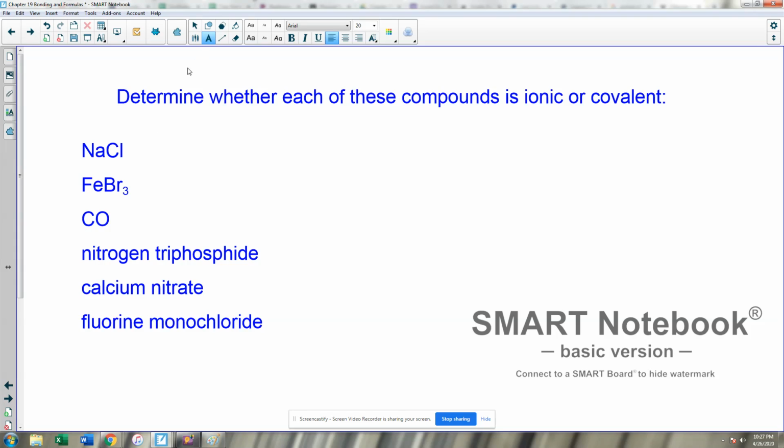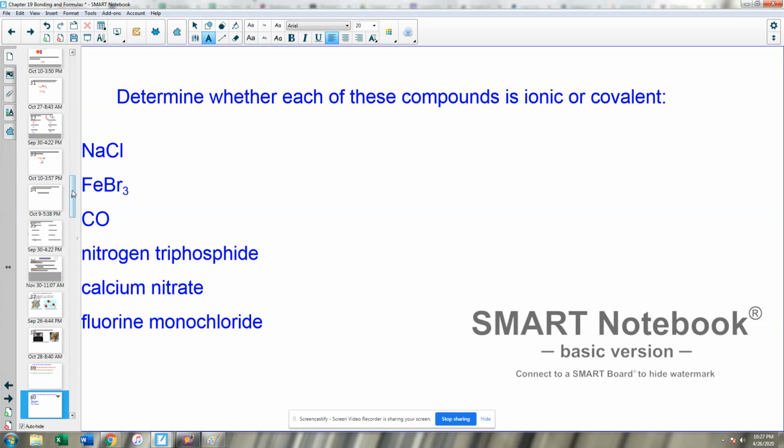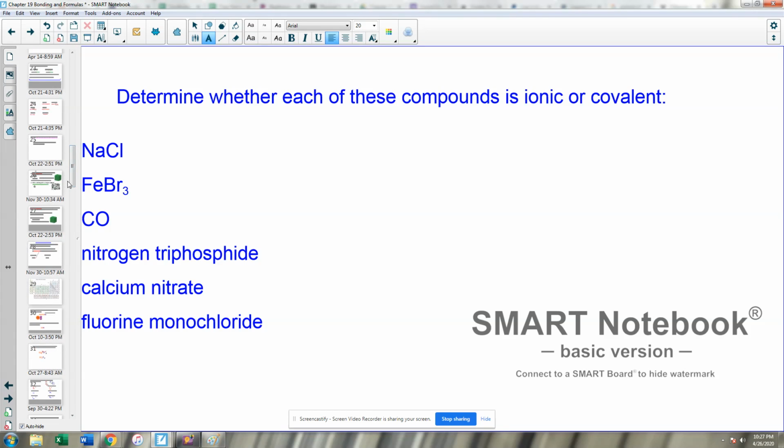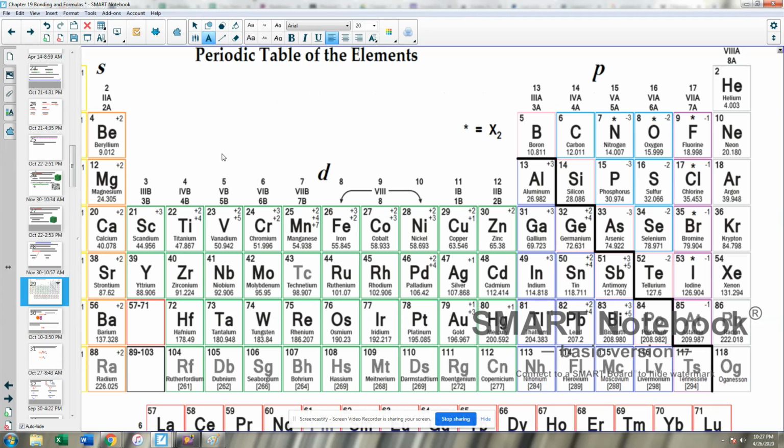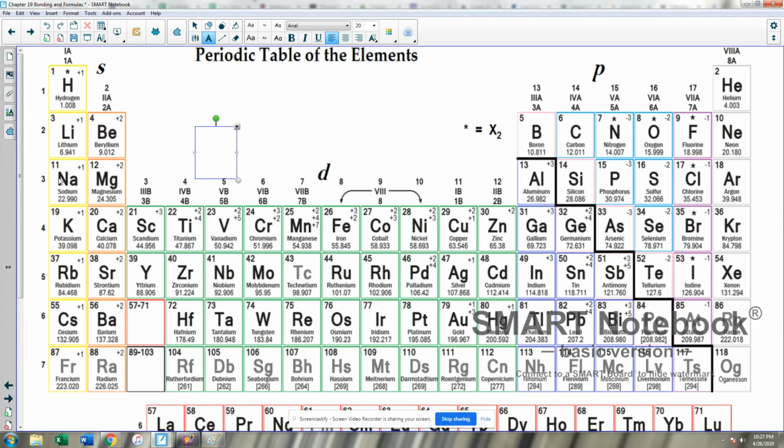Okay, so here's a list of some compounds. Some of them are ionic and some of them are covalent. So I want you to be able to tell me which ones are which. Sodium chloride: if I look at my periodic table, sodium is a metal, chlorine is a nonmetal.